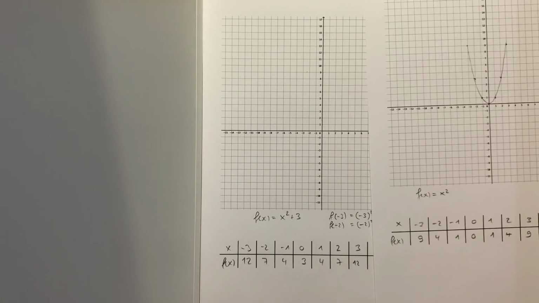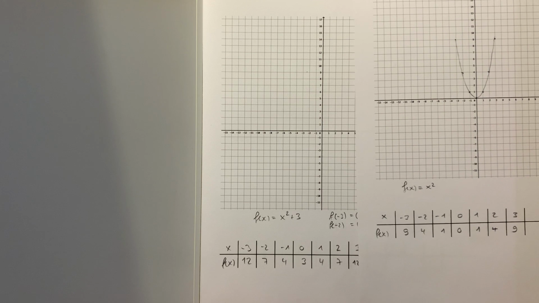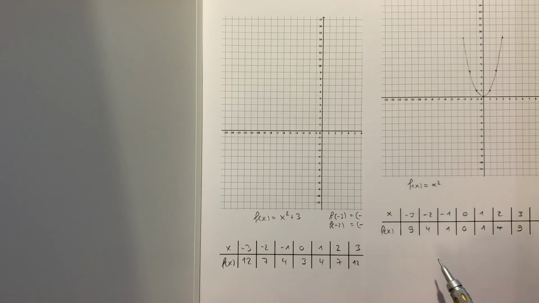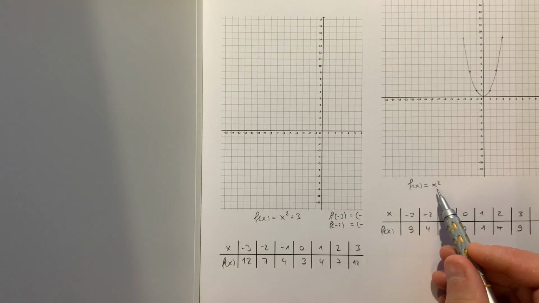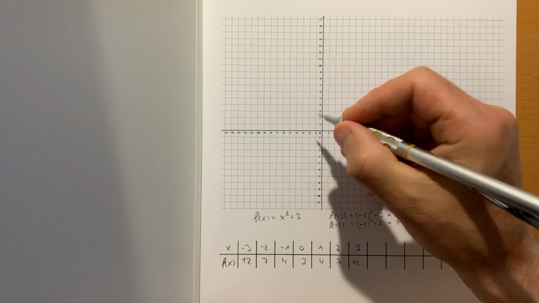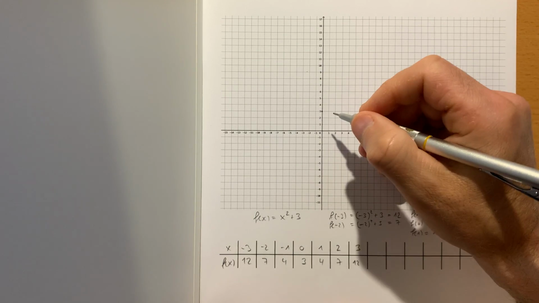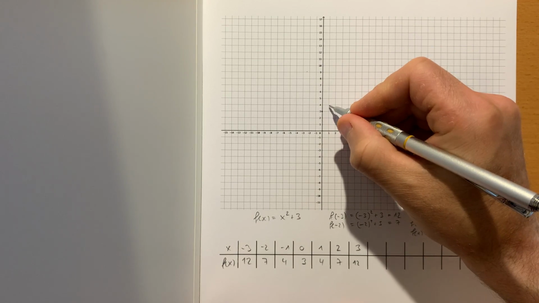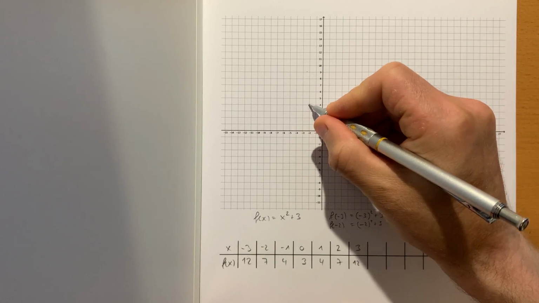So I hope you can see it's very much the same thing as the one we saw last time, only that we add 3 to every y value. So what's going to happen? That's quite obvious. Everything is shifted upwards by 3 units.